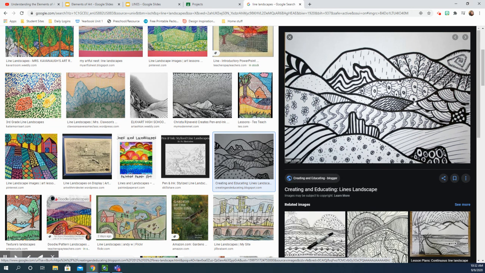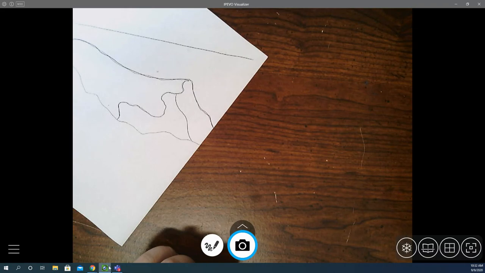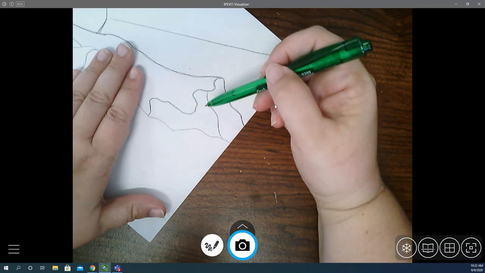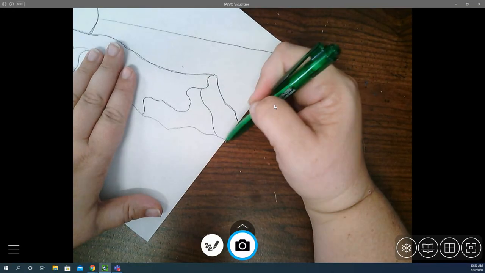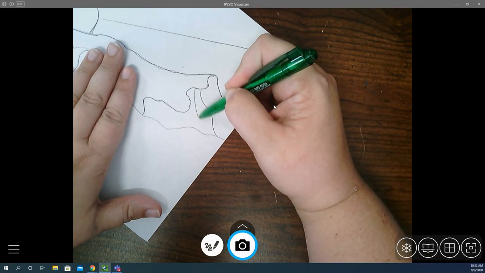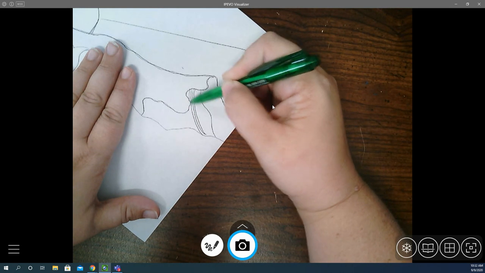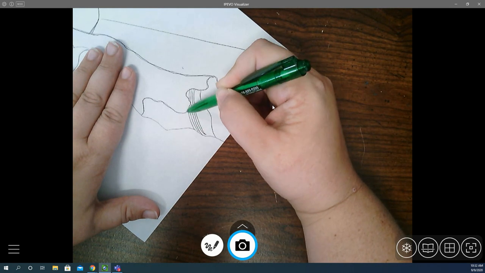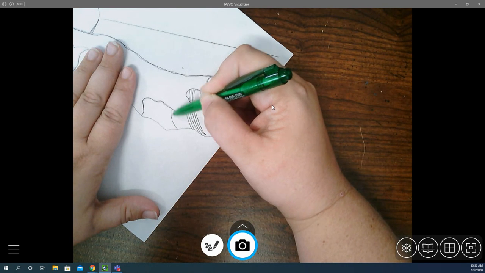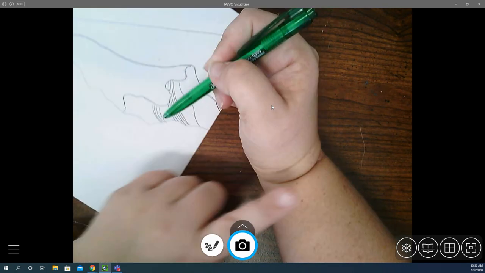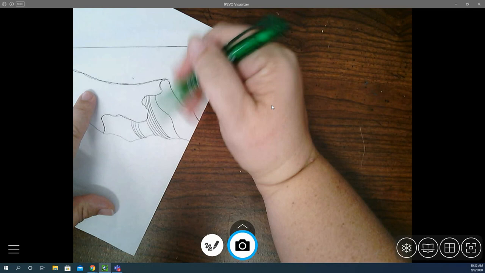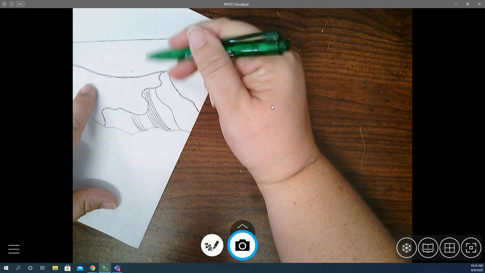Okay, so then you come back in and start filling it in. If you want to do the curvy lines, I told them yesterday, well, you can't see my hand, so it's not helping y'all at all. If you're doing curvy lines, or lines that look like they cup around each other each time, like they're curved but they fan out, I keep my wrist on the table so that it doesn't move a lot, and I just swing my pencil back and forth.